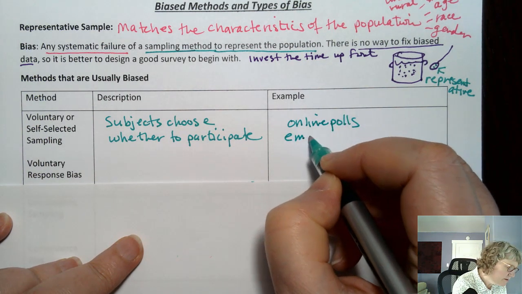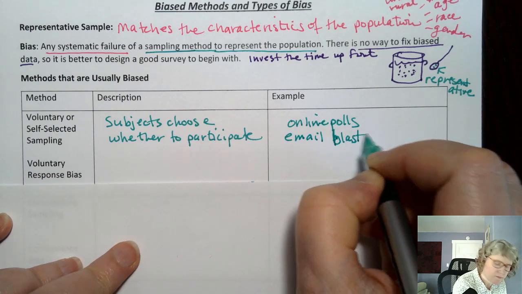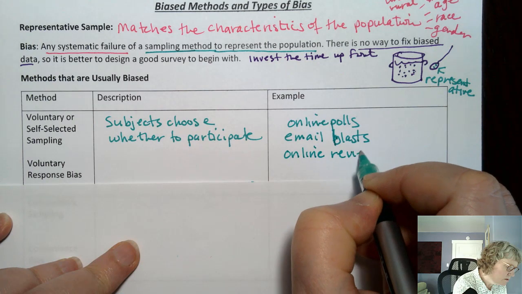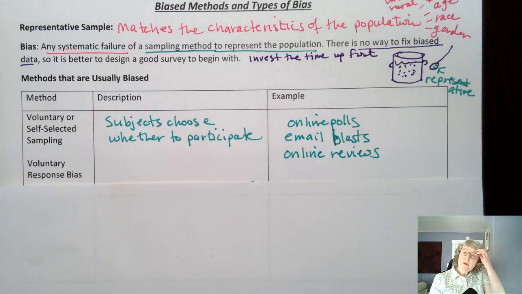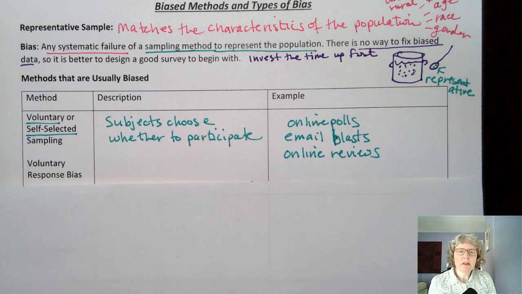email blasts, online reviews. Okay, and so that's why sometimes it's called self-selected, where people are self-selecting, they're choosing whether they want to participate or not, okay?